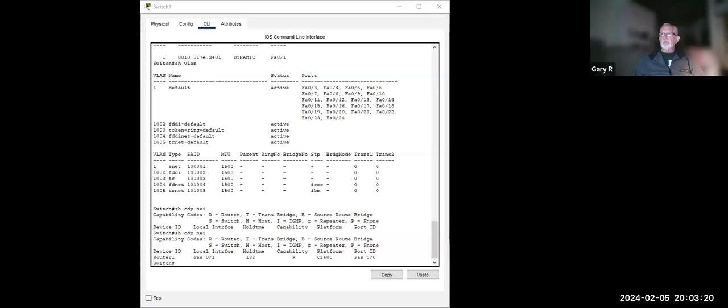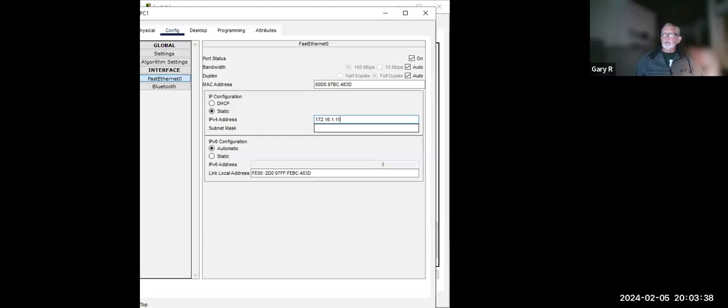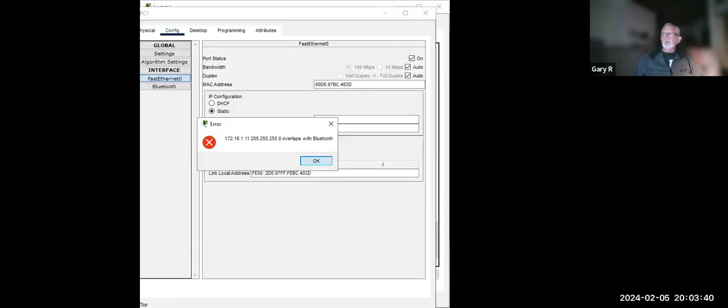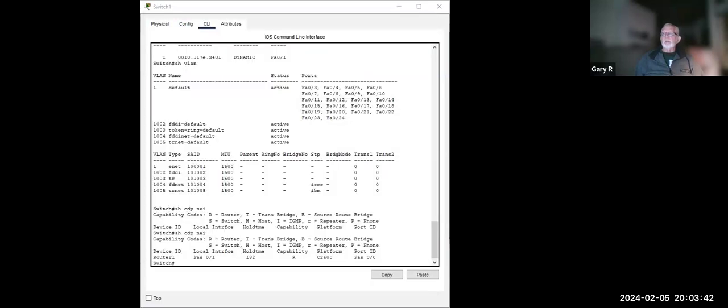Okay, FastEthernet 1. For address. Huh. I don't know how I messed that up, but I think when I went in and demonstrated the other one, let's see. Okay, so it doesn't like that addressing, and I'm not seeing how. Oh, I know what I'll do.